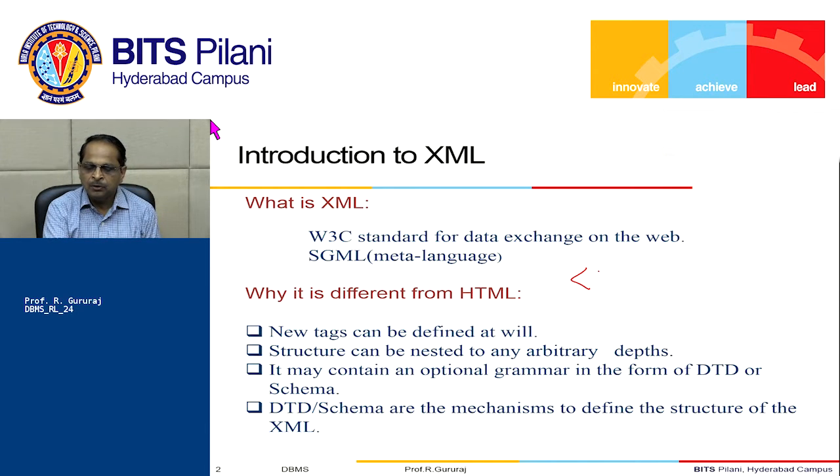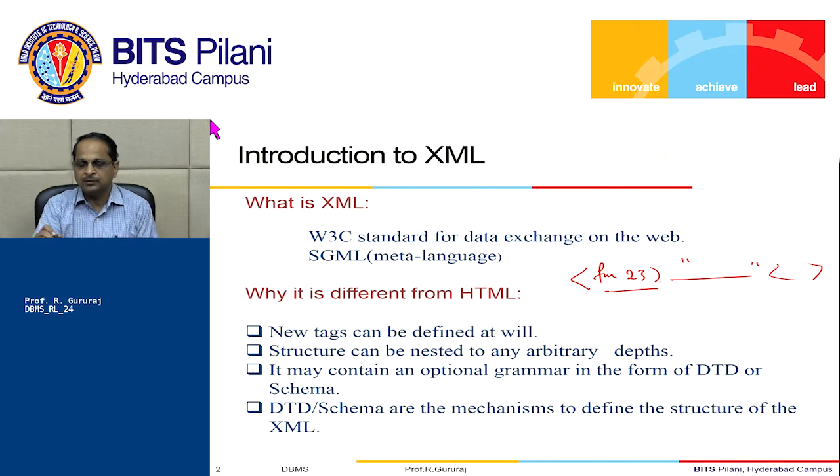If it is an HTML document, say the font is 23 or some color, then whatever content you put here will be displayed in this font, nothing else. That's why it specifies the display particulars. And what exactly is this piece of information? The document never talks about that.